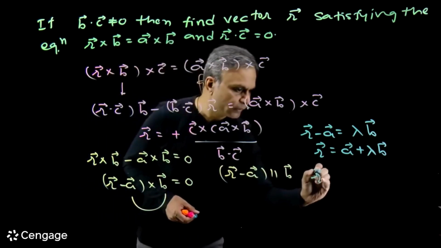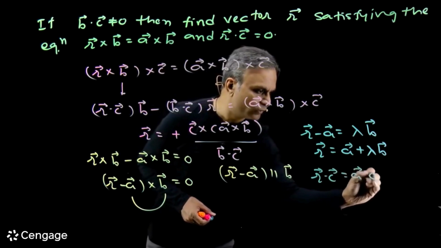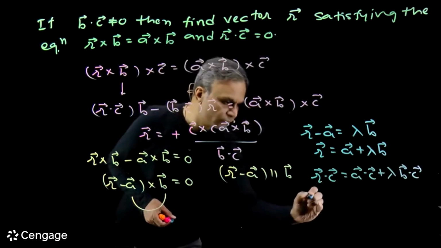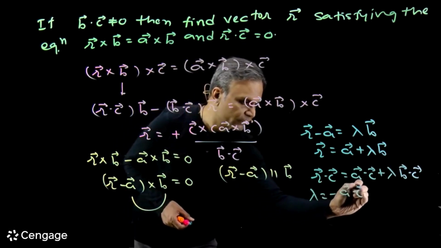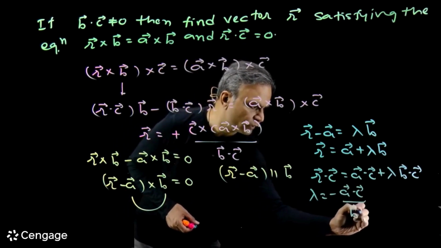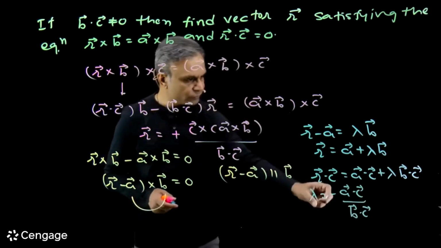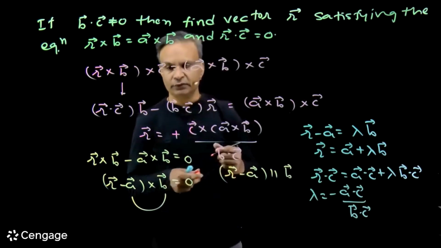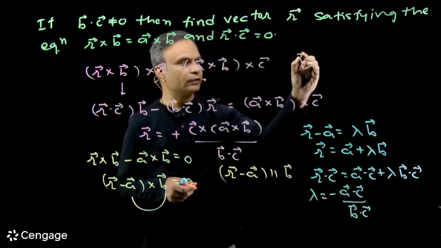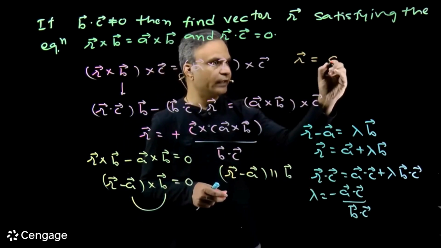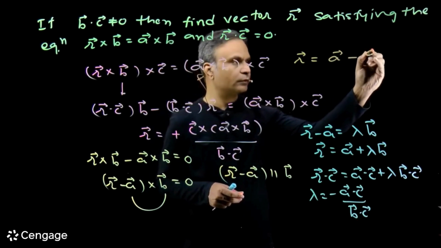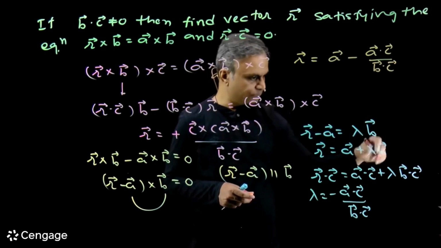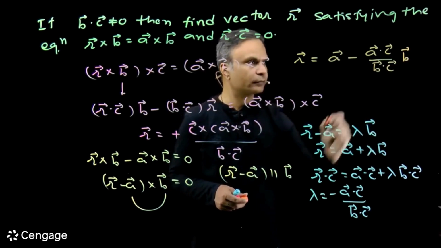So we get r dot c is equal to a dot c plus lambda times b dot c, where r dot c is 0, we get lambda is equal to minus a dot c over b dot c. Then we put this value of lambda here, we get vector r is equal to a minus (a dot c over b dot c) times vector b.